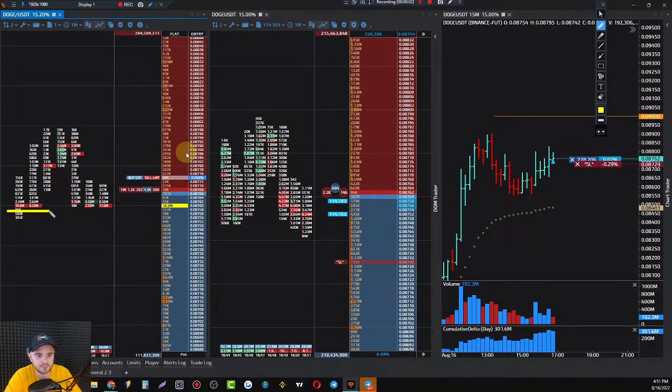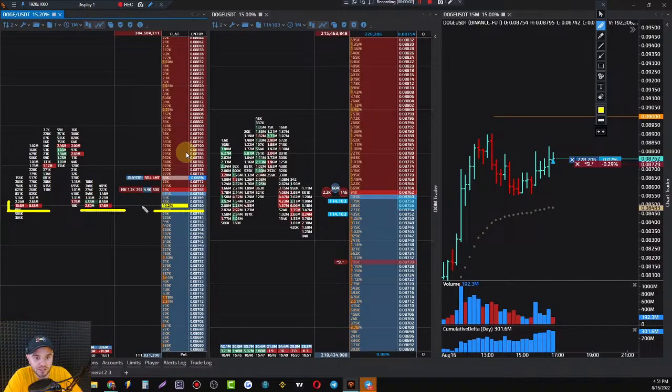Here, at one level, a lot of coins were traded. This red means that someone sold by market significant size. Like this one, someone sold 10 million coins, 8 million, 2 million, 17 million coins. Someone was selling a huge amount of coins by market.